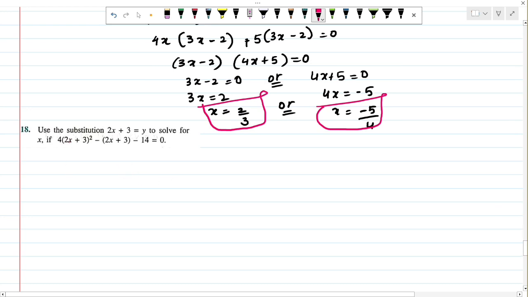Now I'll use the substitution 2x plus 3 is equal to y to solve for x.